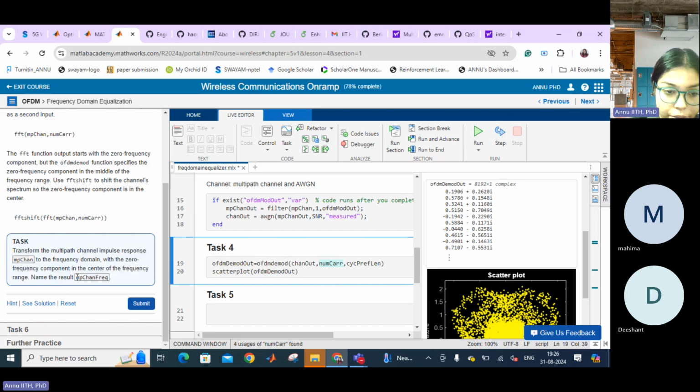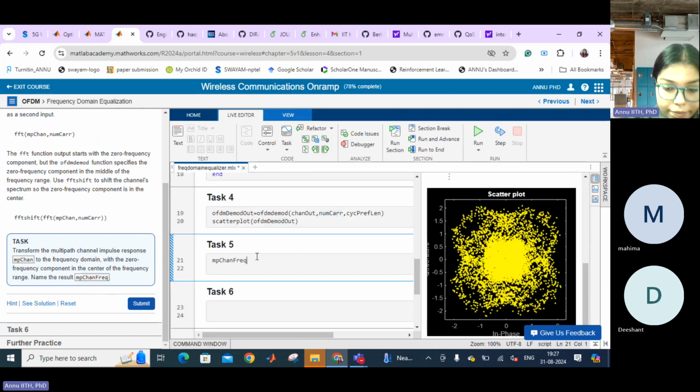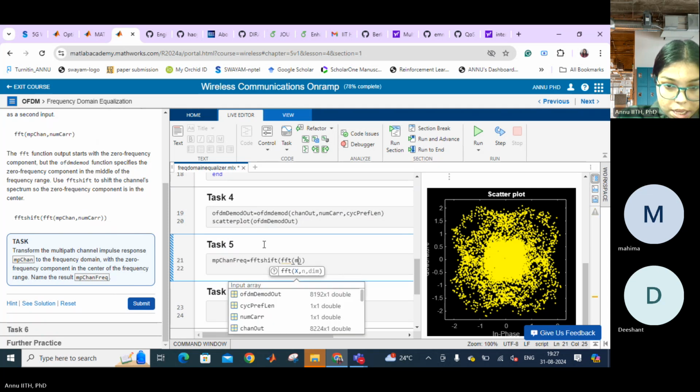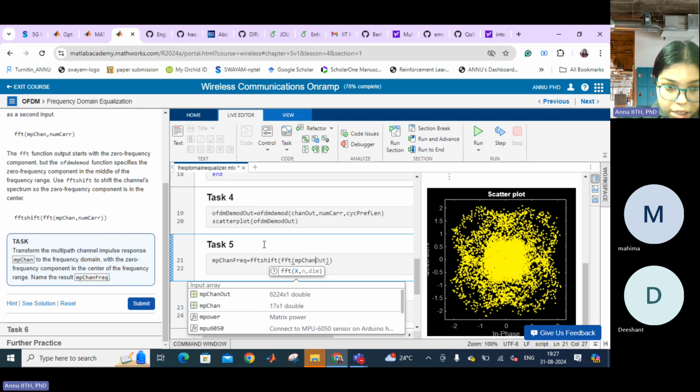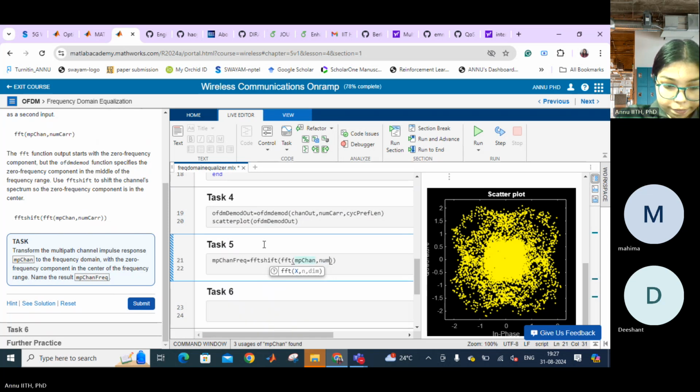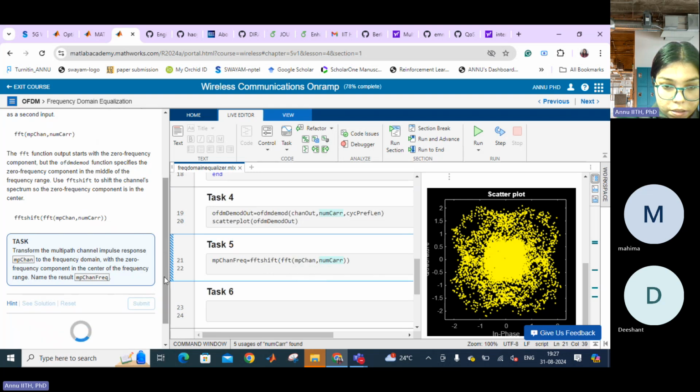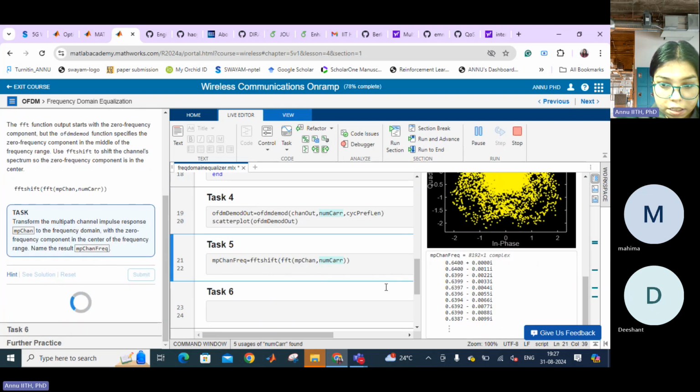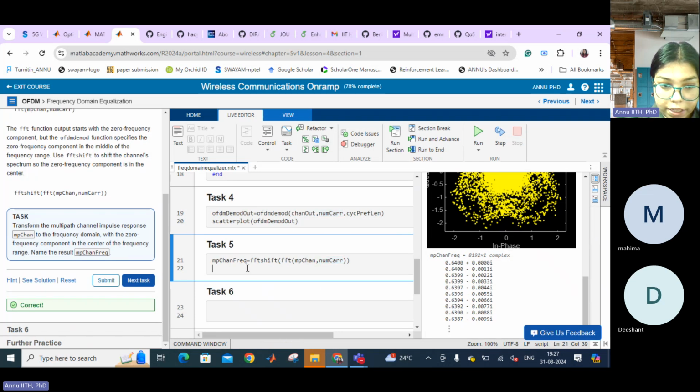So we will do here, first of all, we have to shift to the center: equals FFT shift of FFT. So this is the frequency domain representation, and zero is kept inside. So we can also see it using a scatter plot.